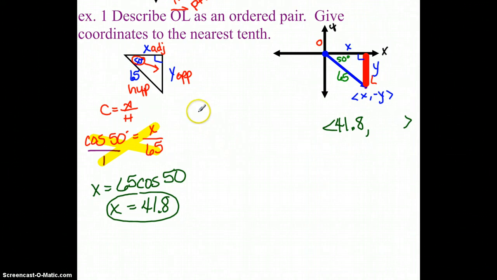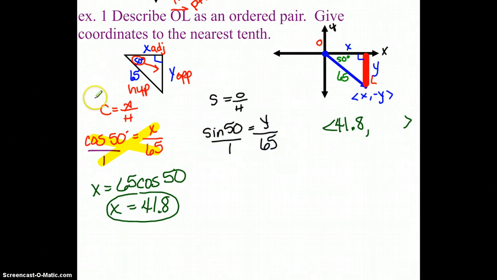Now, to do the next one, if I want to find y, is opposite, hypotenuse is 65, so that tells me I'm going to use sine. So sine of 50 equals opposite over hypotenuse.